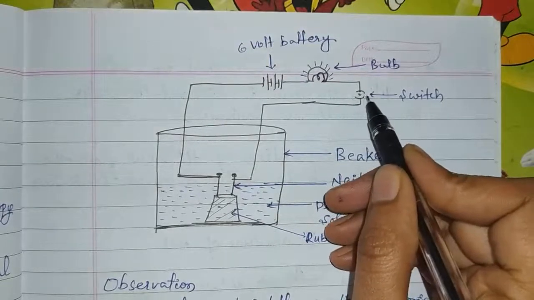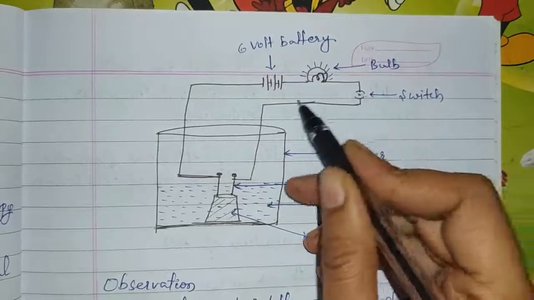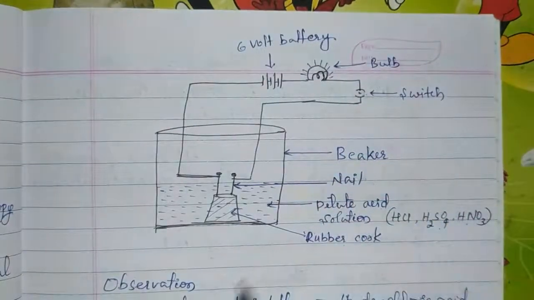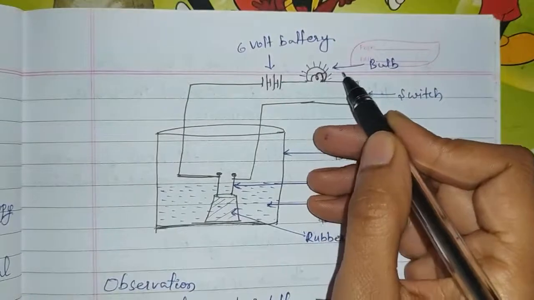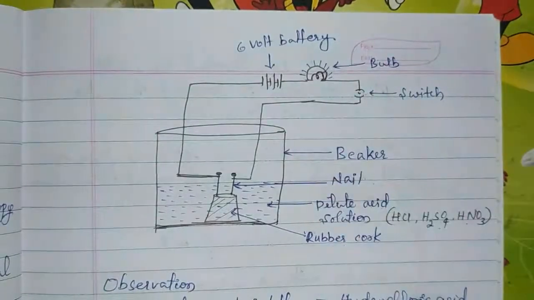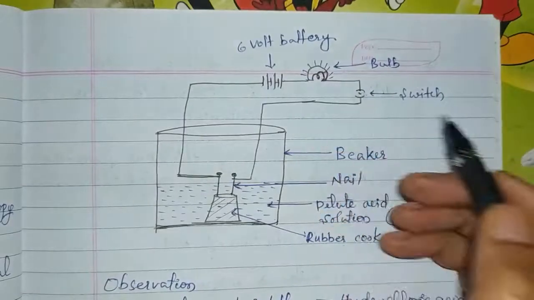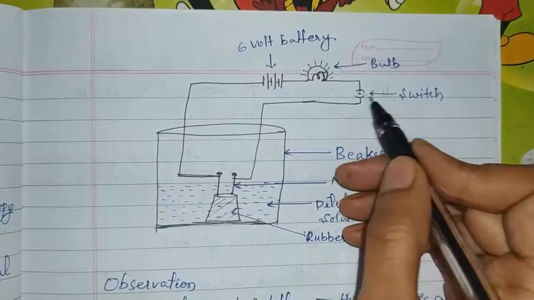When we switch on, we will observe that this bulb will glow brightly. Why will this bulb glow brightly when we switch on?